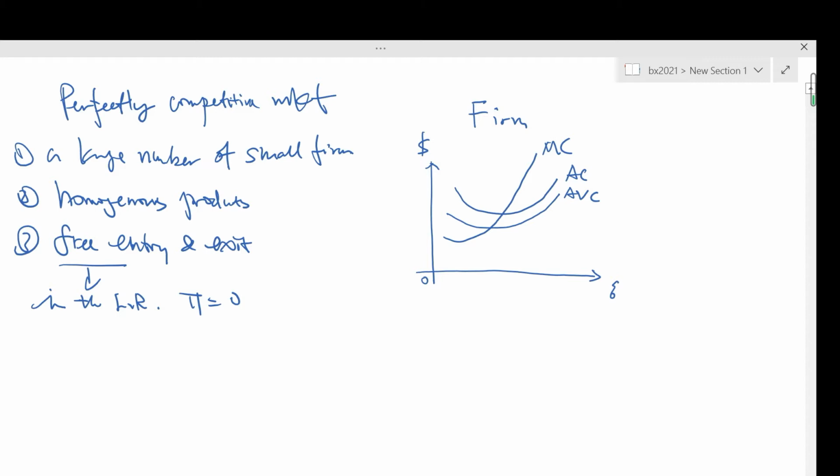If there's a negative economic profit, or economic loss, then some firms will leave the market, and that's going to increase the profit until it reaches zero. And we also implicitly have perfect information here. So everybody knows everything, and everybody knows that everybody knows everything, and so on and so forth. All right.